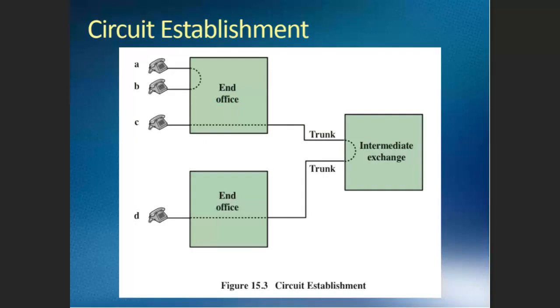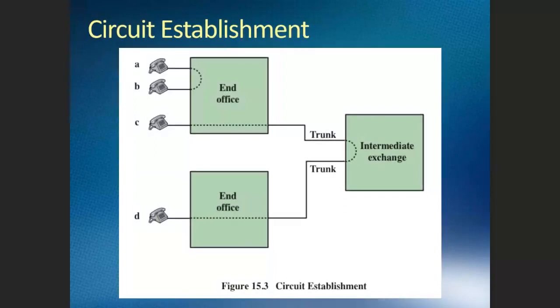Look here, we have A, end office, and then we have the trunks connecting exchanges together. It's called a trunk, like a backbone cable. And this is the intermediate exchange. You have to know this diagram, okay, please.